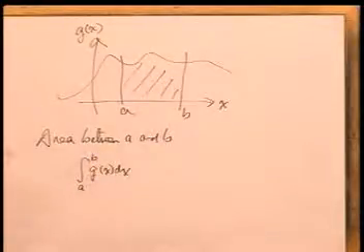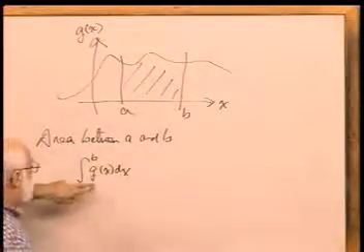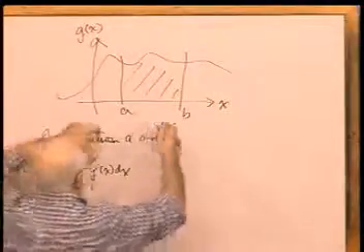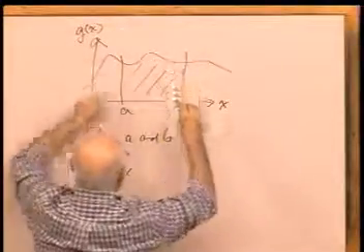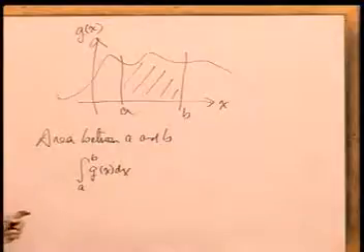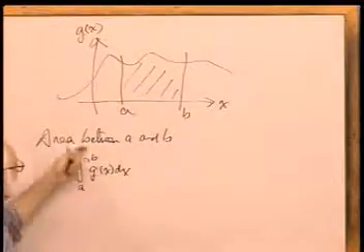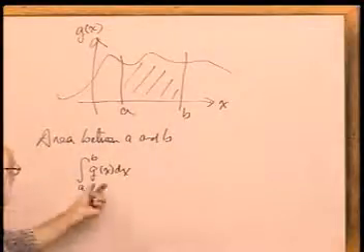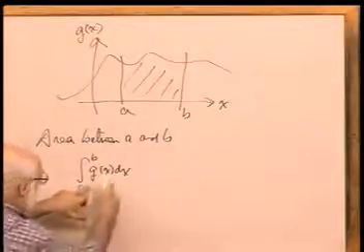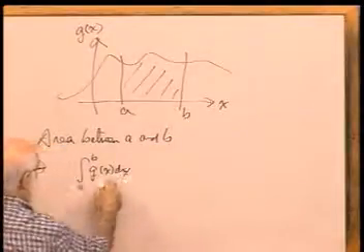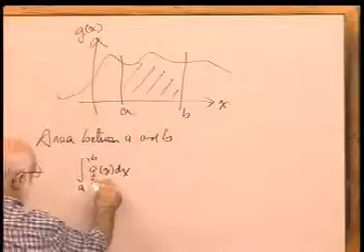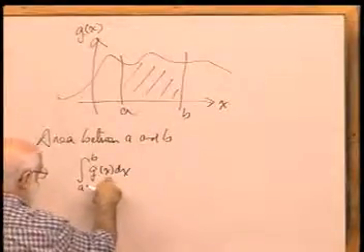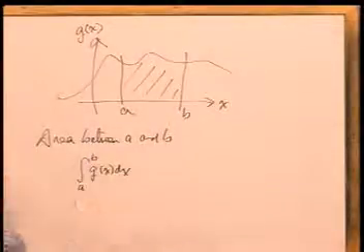So I say to you, okay, what I want to do is find the area under this function, g, between a and b, and I'm going to denote that by this symbol. You don't know what it means. All it says is, take the thing that's between those two symbols and find the area of that, for x lying between that value and that value.